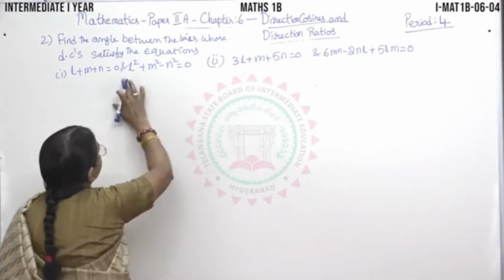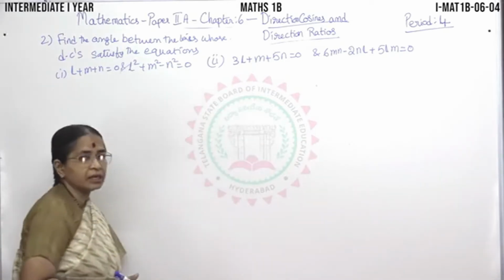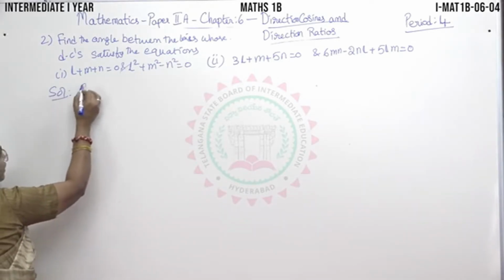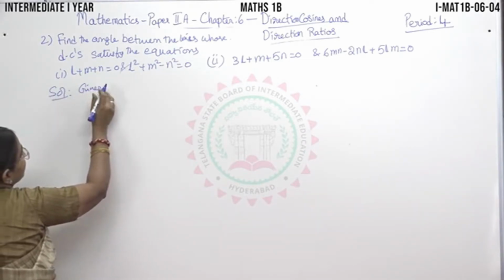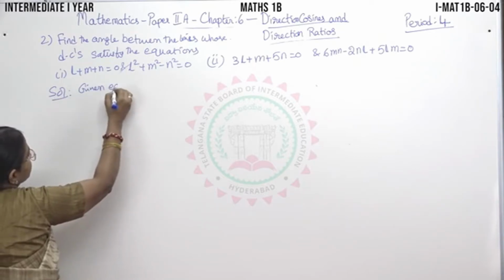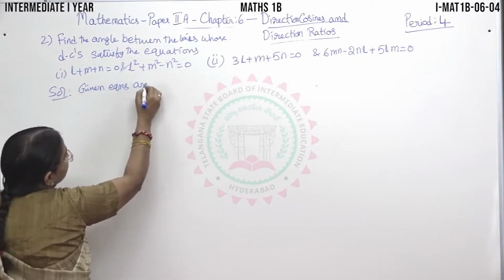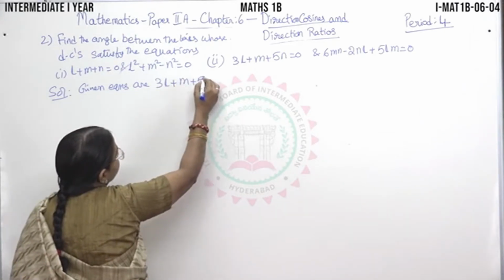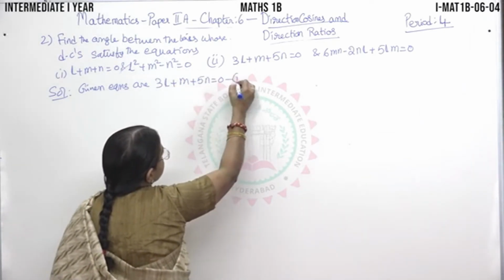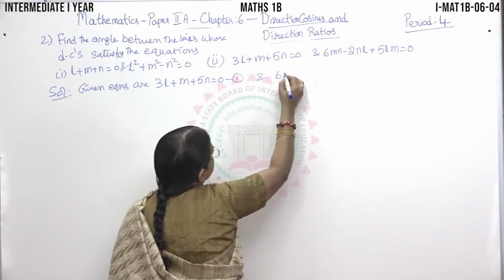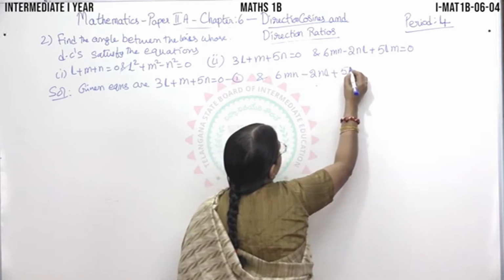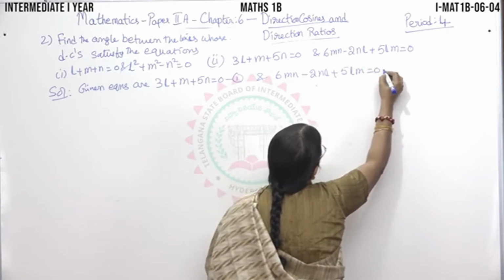This is one bit and this is the second bit. We'll do the second bit now. So what is it? First we'll take the equations. We are given equations 3L plus M plus 5N is equal to 0. This is first equation. And 6Mn minus 2NL plus 5LM is equal to 0.